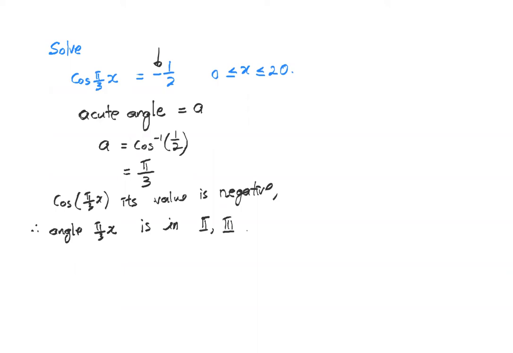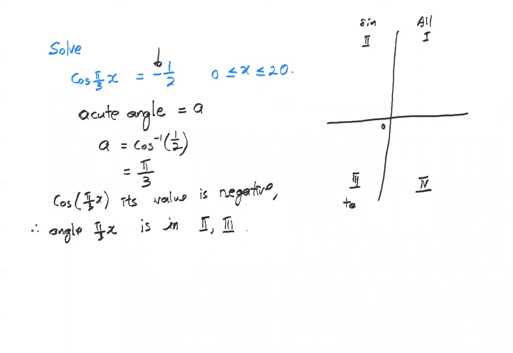After asking all these questions, you have to refer to this. This is first, second, third, and fourth quadrant. All sin, tangent, cos are positive.